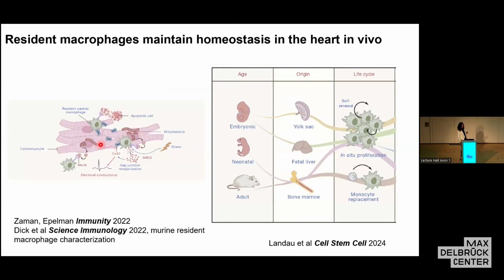So Slava Eppelman is a cardiologist in Toronto General and my collaborator. And during his postdoc about 10, 15 years ago, he was one of the first people in the world to describe and characterize resident macrophages in mouse hearts. And they arise from the yolk sac, and they're very important for regenerative responses as well as angiogenesis.